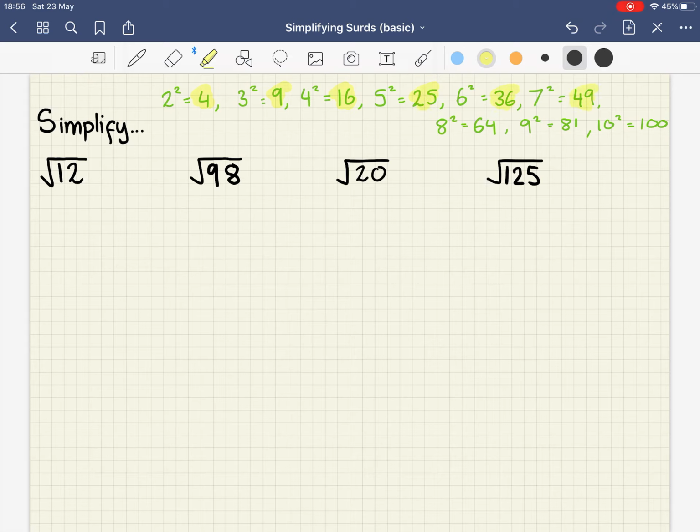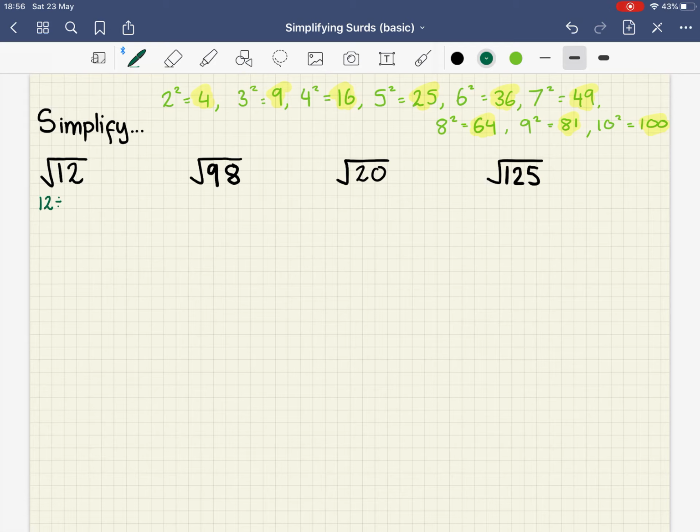So we are going to use these to try and help us simplify the surds, and what we need to identify is the highest square number that can divide into these numbers under the square roots. A really straightforward way to go about this is, in order to identify the highest square number, we want to look at the smallest numbers that can divide into these.